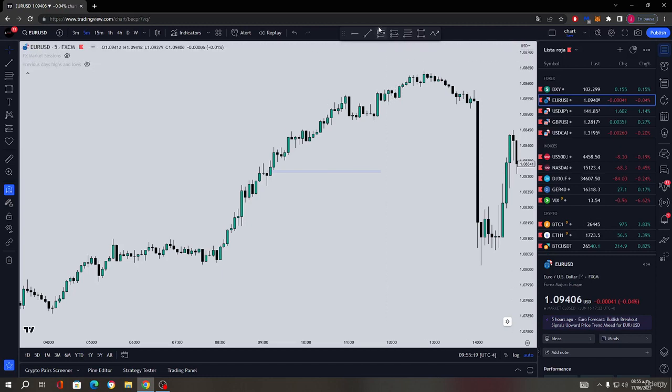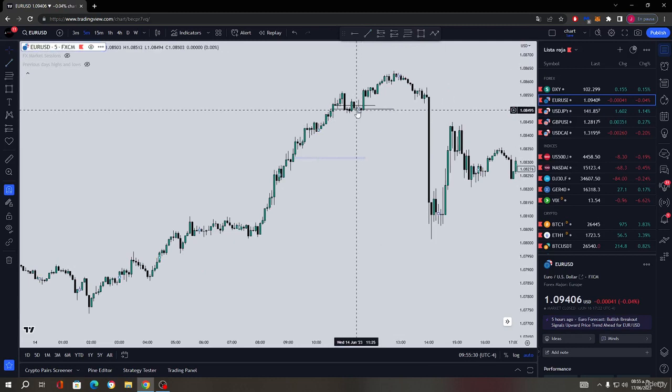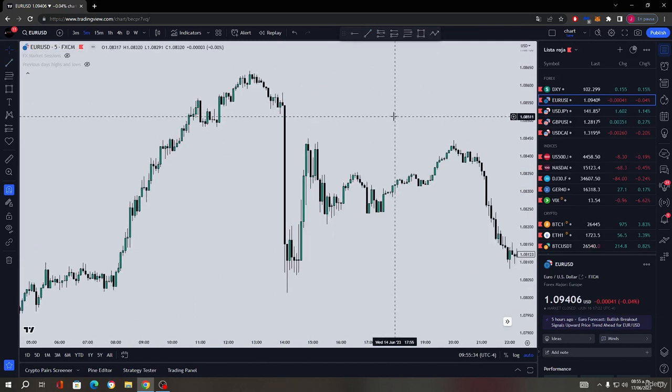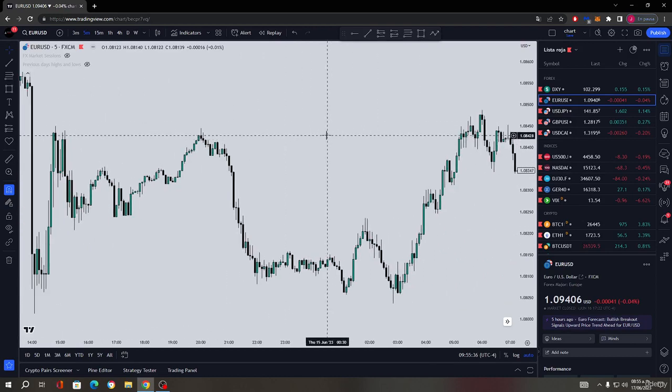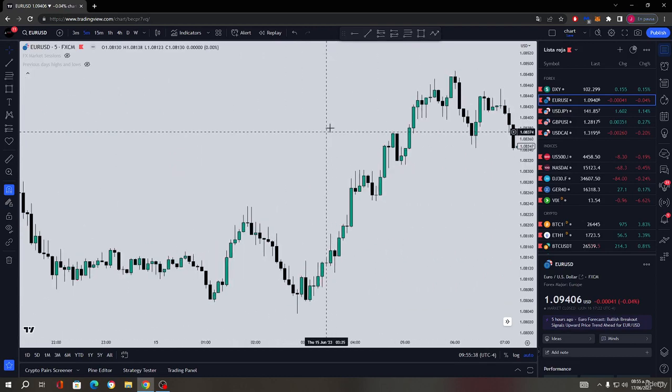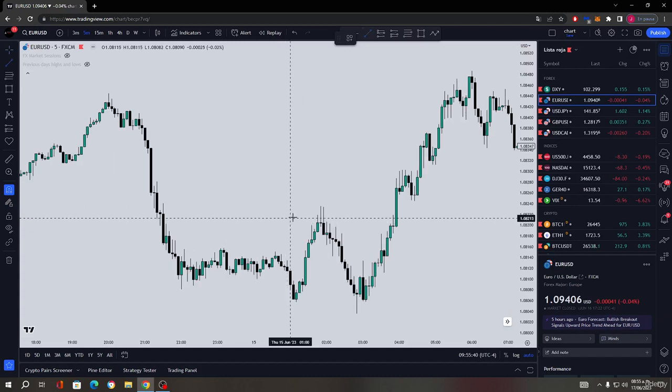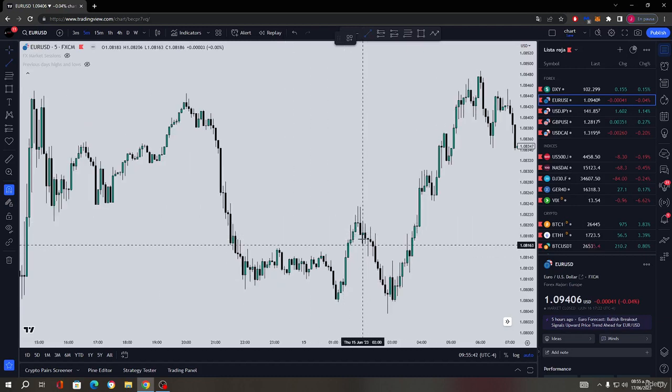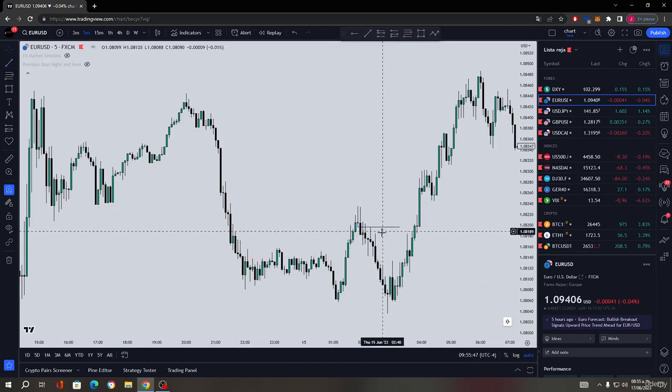In this case, we do touch the imbalance and continue to go higher, but it's obviously not going to work every single time. Okay, nothing works 100% of the time, but as you can see, we have another bearish example right here. Of course, this is bullish on the 5 minutes, but as you can see, the wick touches again and continues to go lower.